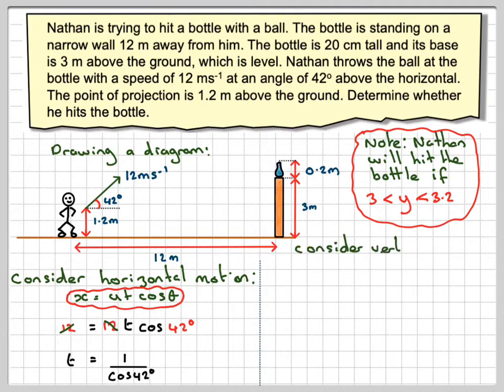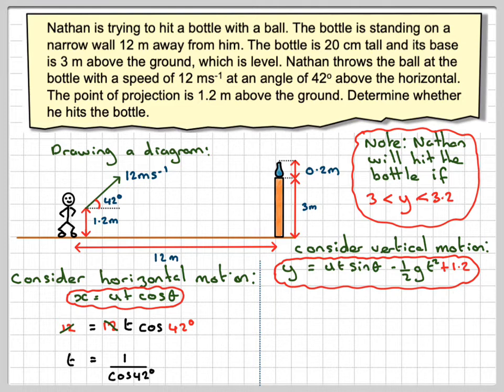Now if we consider the vertical motion, y is given by ut sine theta minus a half gt squared plus 1.2. It's plus 1.2 because he releases it 1.2 metres above the ground.